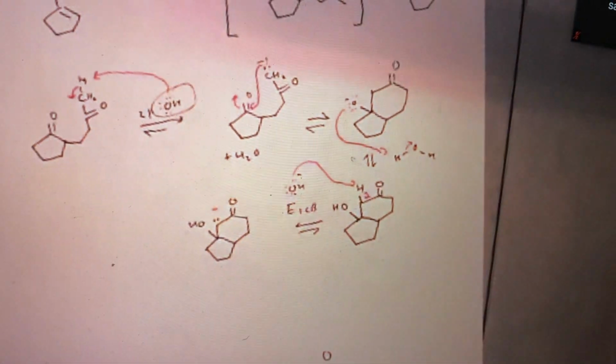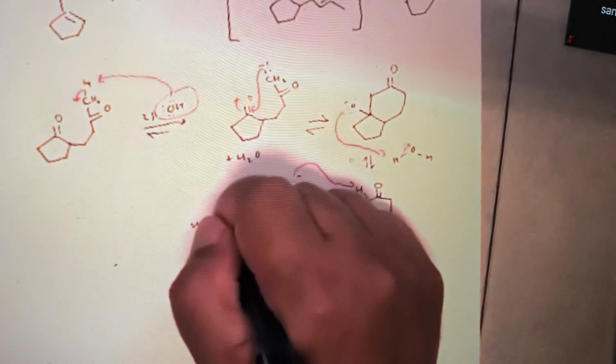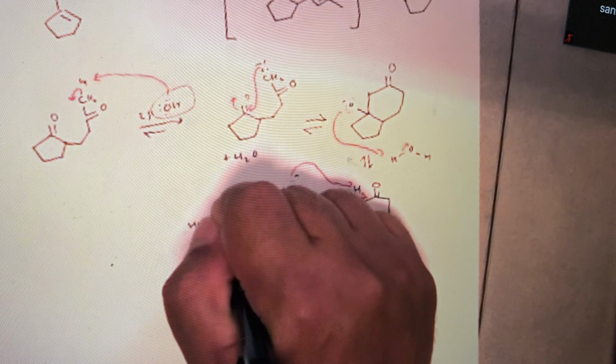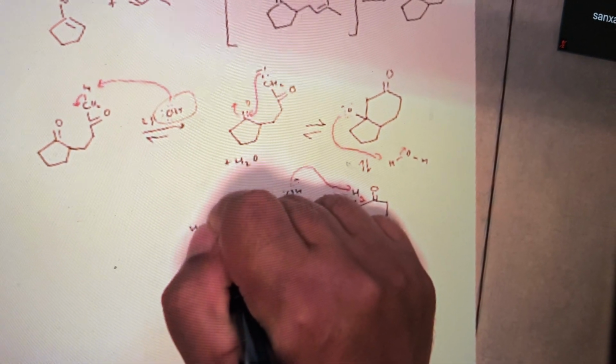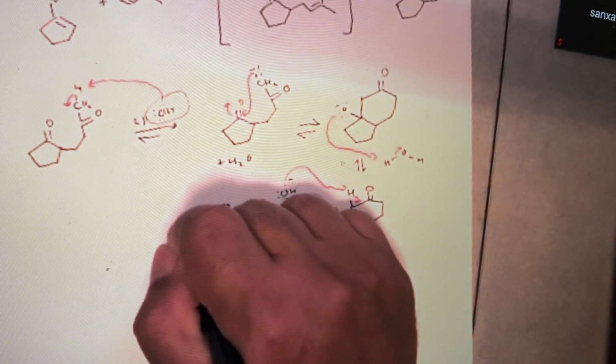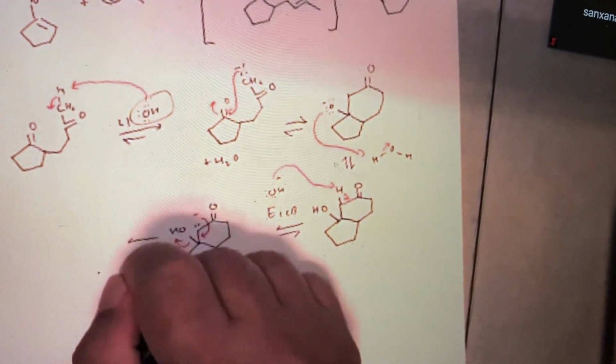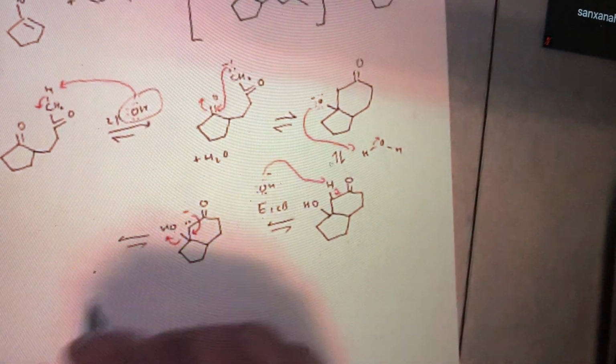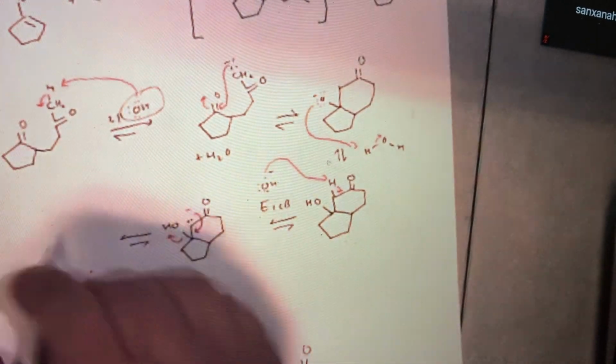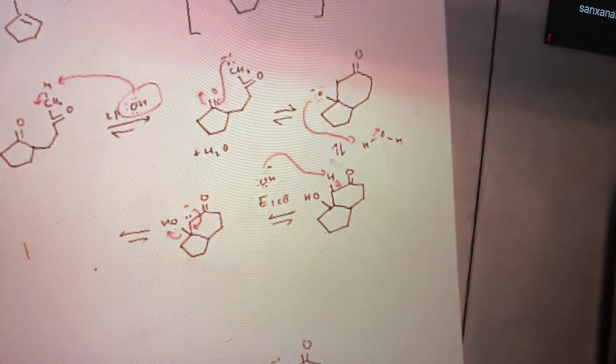Okay. So now that I have that intermediate, the next step is to do the elimination. So that negative charge comes here, and hydroxide is my leaving group. And finally, I form the final product.